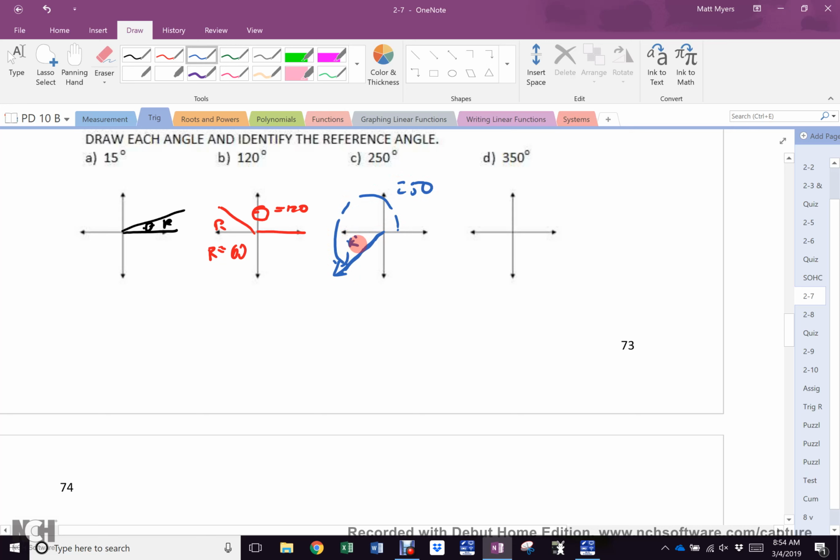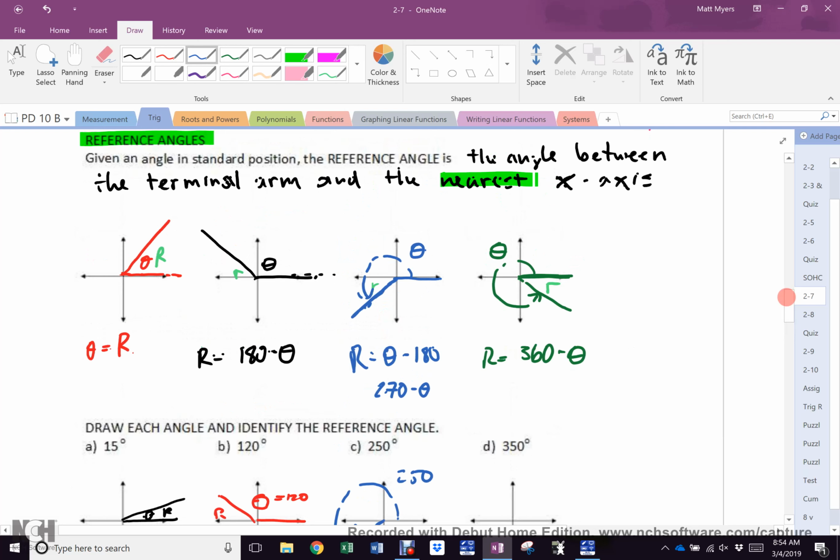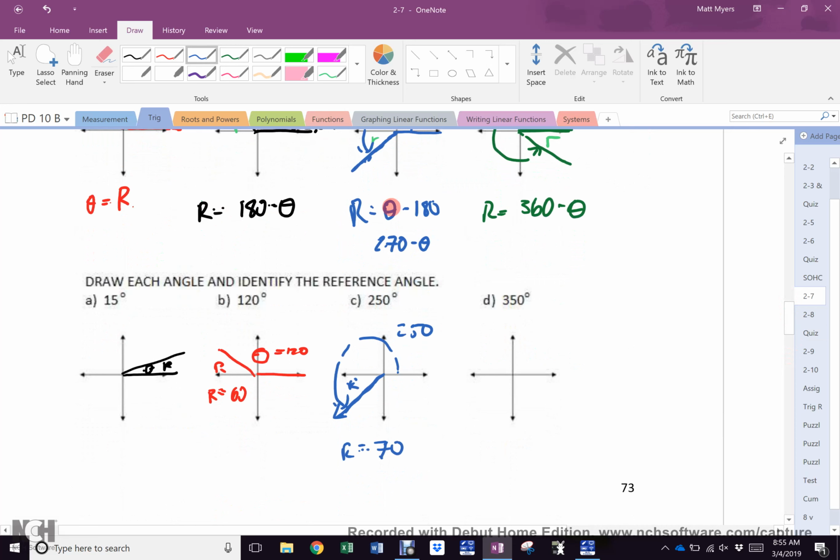There's r, and what does r equal? 70. Okay, I'm a little confused as to why I'm getting so many different answers, especially when we wrote it right here. Yeah. This is a better one. It's 270. Yeah. Sorry. That should not be there.